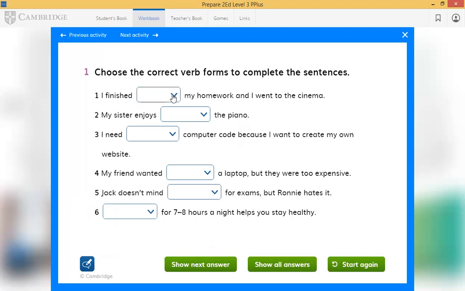Okay, so the number 1, guys: I finished to do my homework and went to the cinema, or I finished doing my homework and went to the cinema. To do. Okay. Doing. I told you, students, when I was using my example, and let me just put the attendance for Dennis, and I'll show you.